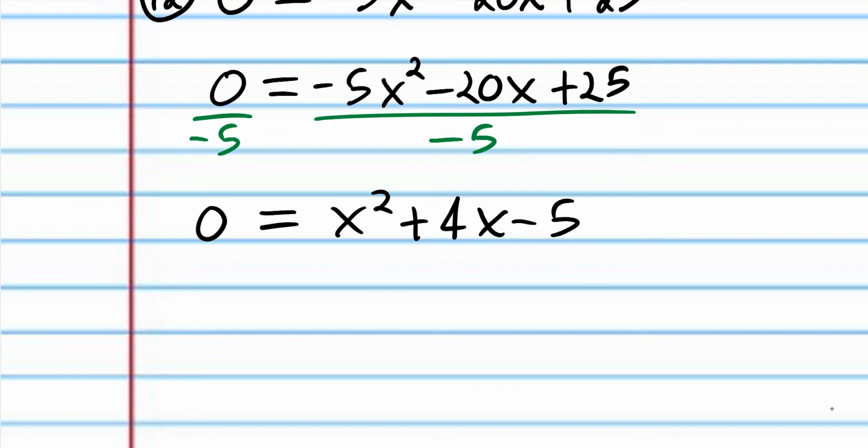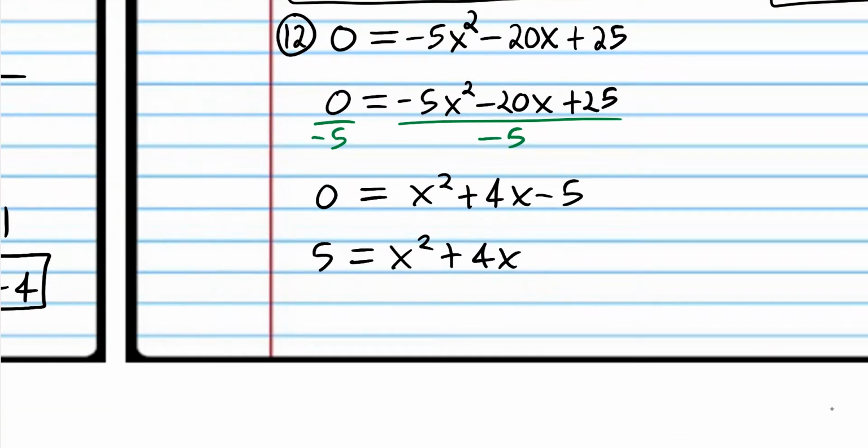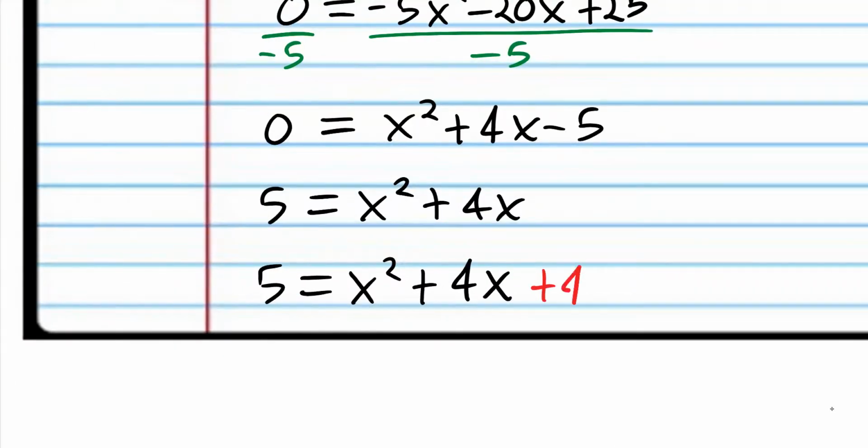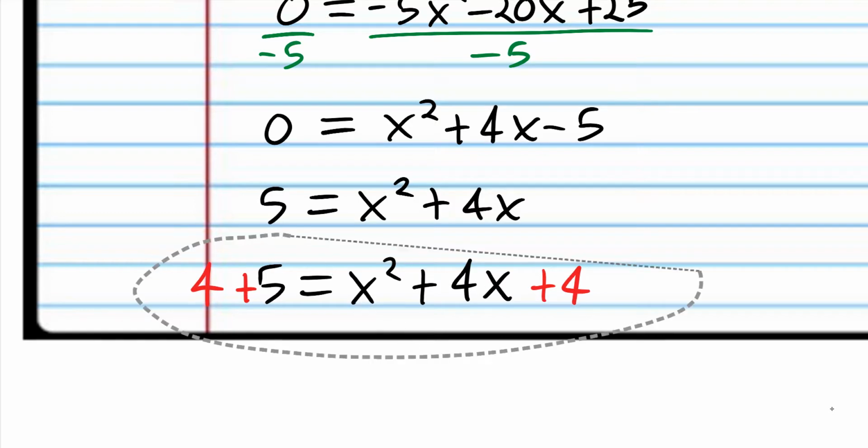And now we're going to complete the square, add 5 to both sides. How do we complete the square? Well, we take the coefficient of x, divide by 2, square it, and that number must be added to both sides of the equation.